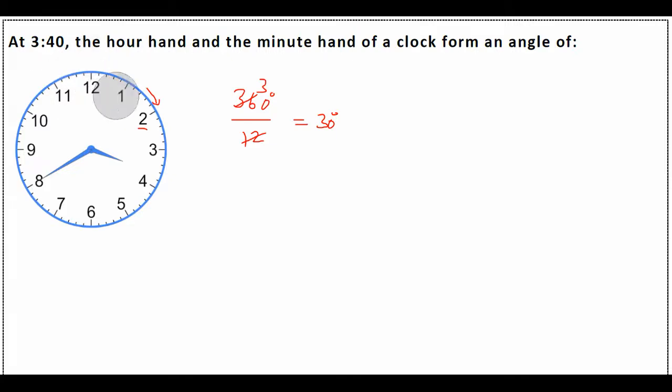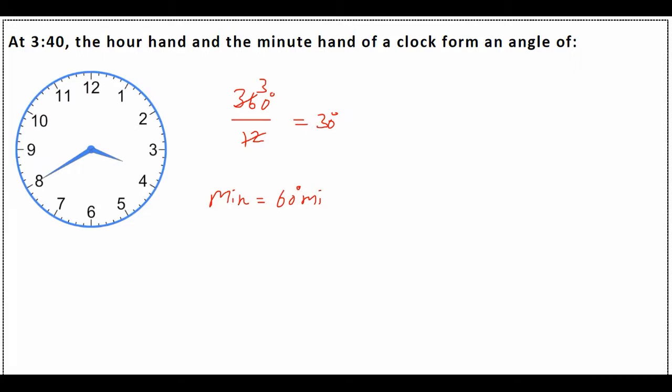Clear? So the hour hand of the clock has to move from 12 to 1. From 12 to 1, it has to travel 30 degrees. When the hour hand travels from one unit to another, 12 to 1, or 1 to 2, the minute hand travels for 60 minutes.